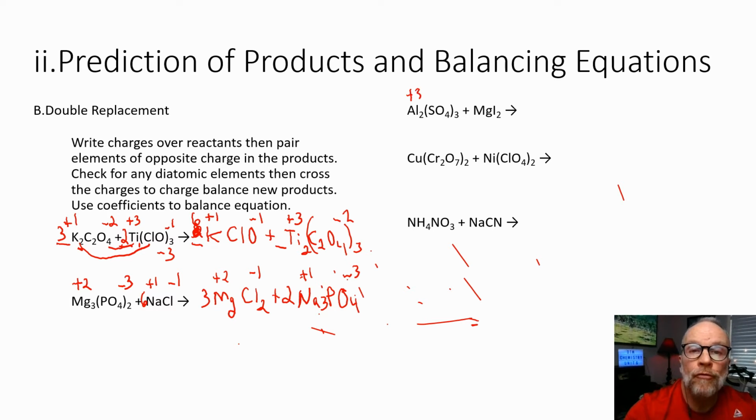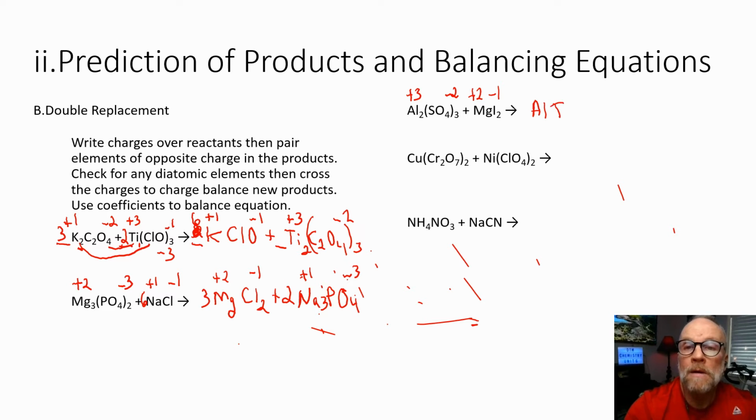Plus 3, minus 2, plus 2, minus 1. AlI, plus 3, minus 1, plus MgSO4, plus 2, minus 2.